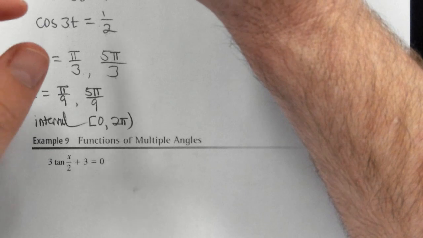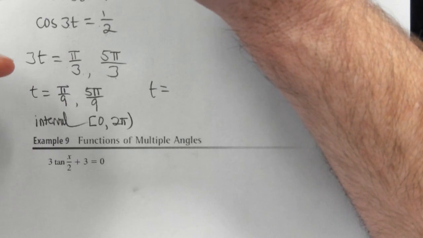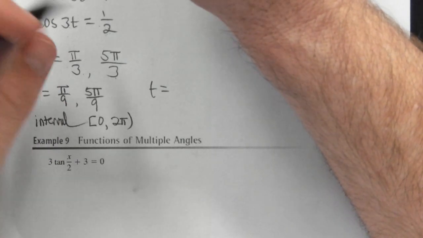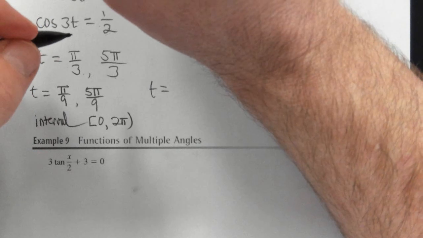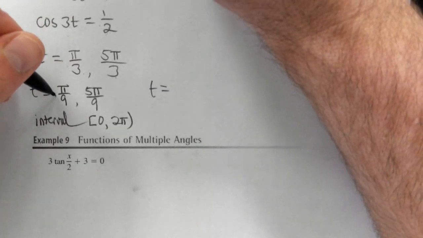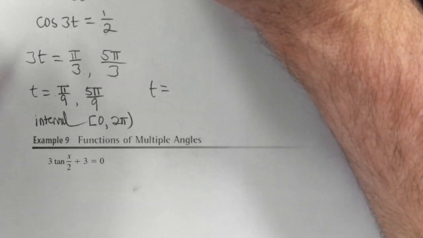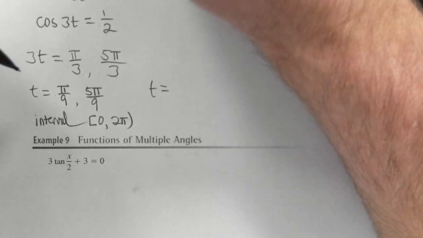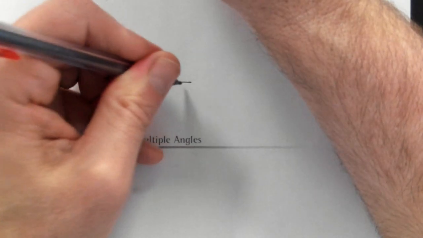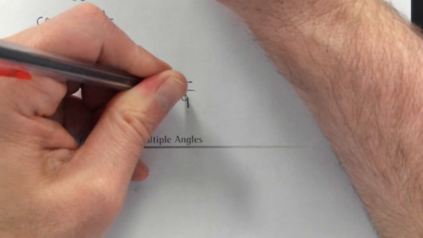So now from here, we need to take this and write this as a general solution. Just like how we adjusted the angle, you've also got to adjust the multiples of the period that you're adding to get the general solution. So for example, I can say this is pi over 9.